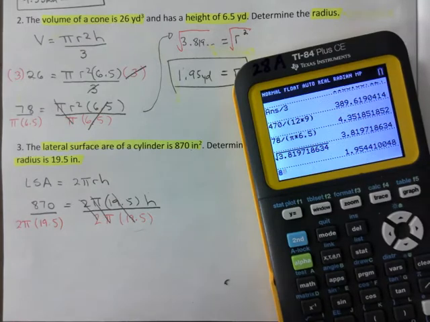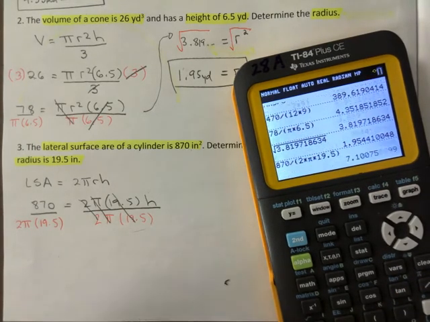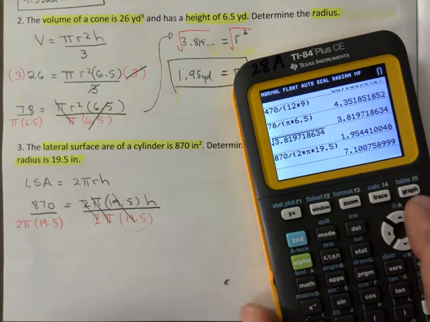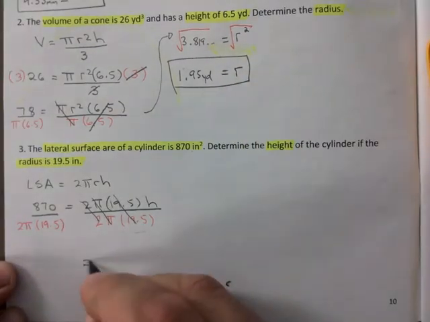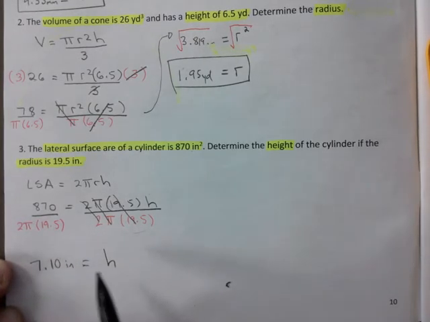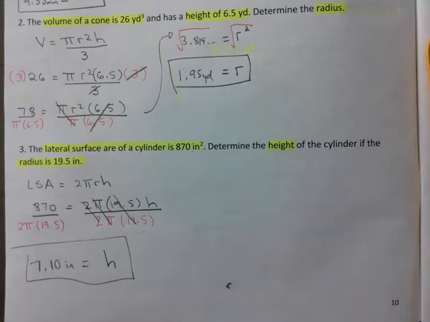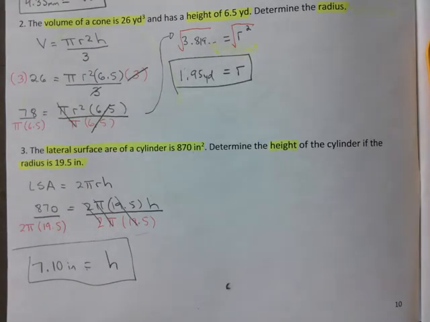And then on the other side, you just go 2 times pi times 19.5. 7.1. And I hope you're okay. A lot of us are so used to it's always h is equal to that, right? We don't like to have it flipped on us, but it's the same thing. Are you allowed to just flip it around so it looks neater? Sure. Yeah, but you're saying the same thing, right?